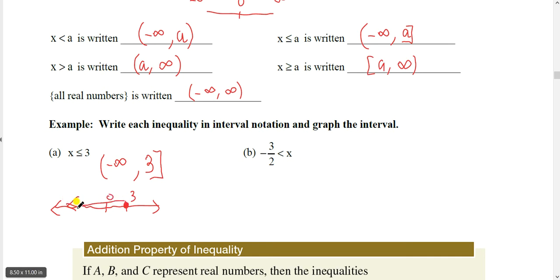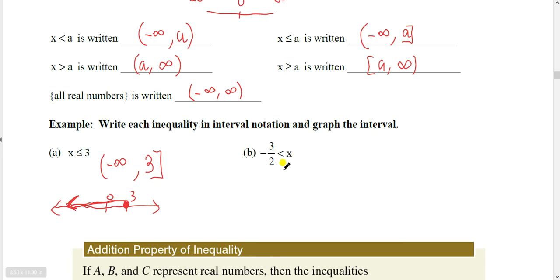So we can put the arrow here, just pointing to the left. That means all the values of x that are less than or equal to 3, and it only goes up to 3. Now because we have the equal sign at 3, I'm using the solid circle. If we don't have the equal sign, then I'm using the open circle.